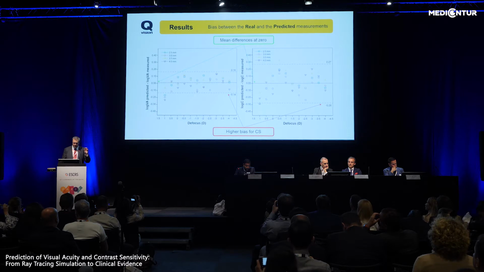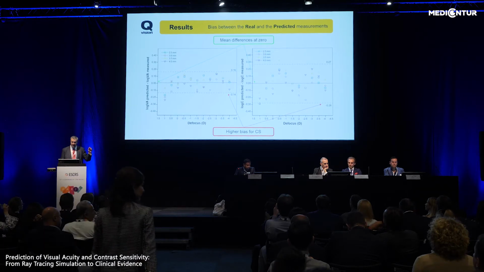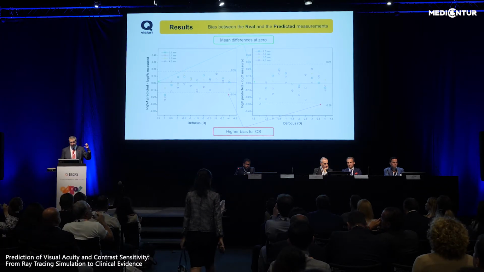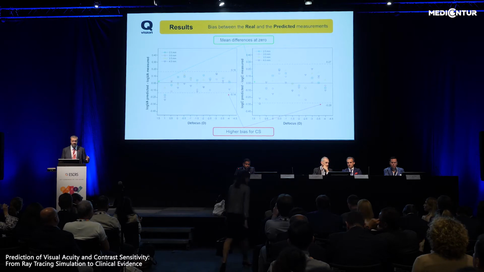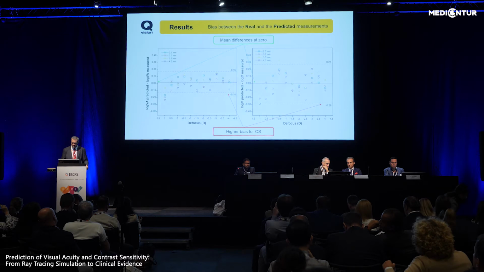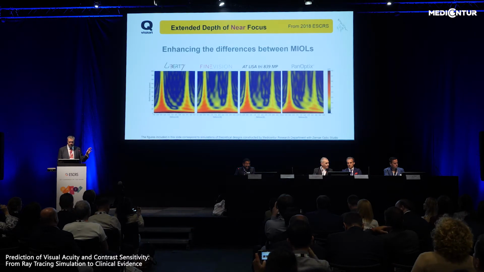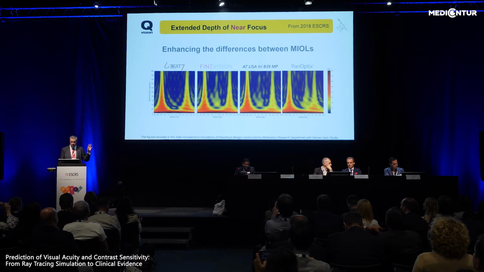So the idea is very consistent: the prediction that we are having has a difference of only 1 line in visual acuity. We have more differences in contrast sensitivity, but by increasing our sample size, we are going to have more consistent knowledge. And we could mix this concept with the MTF that we are having.